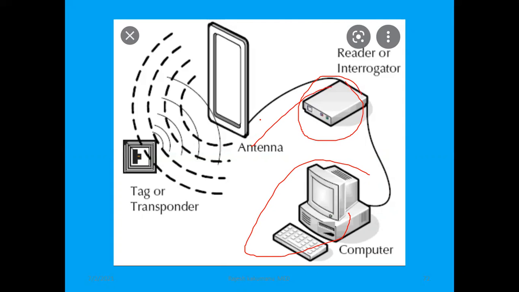Next, from this antenna through the interface, this tag or transponder, we are calling a tag or transponder. So this will get the information, and when the cell phone is nearer to this RFID technology, automatically you will also receive the information to the tag.